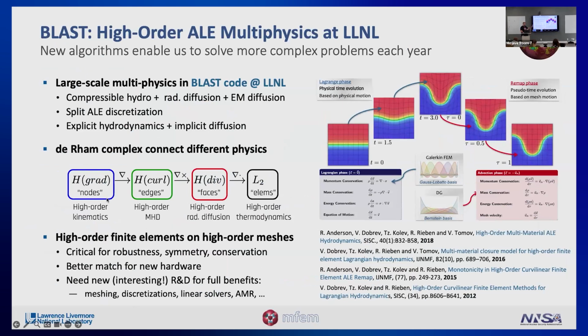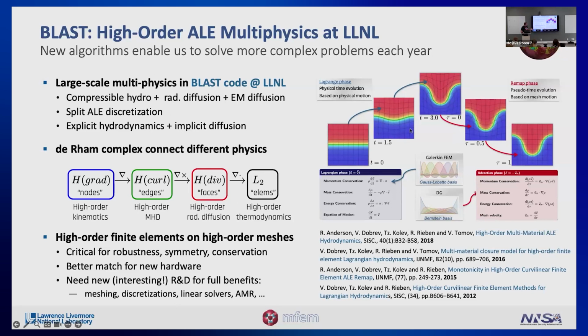We use H1, denoted as H grad, where the degrees of freedom are generally nodes of the mesh, for the velocity and position. We use H curl for the electric fields, H div for magnetic fields and for fluxes, and L2 for things like density and energy. Together with all the differential operators between them, and solvers for all of the diffusion parts of this physics. All developments in MFEM are motivated by this application, and this is at high order.